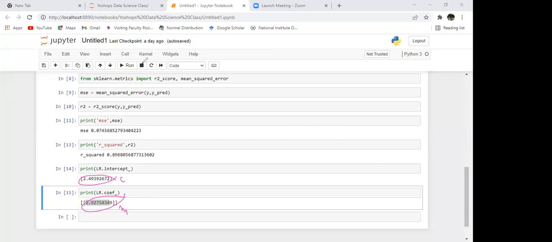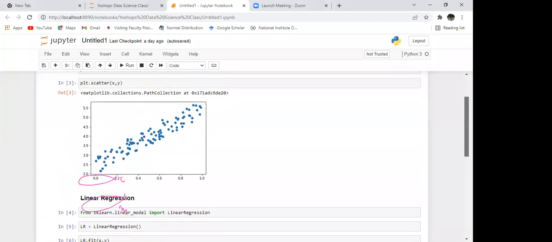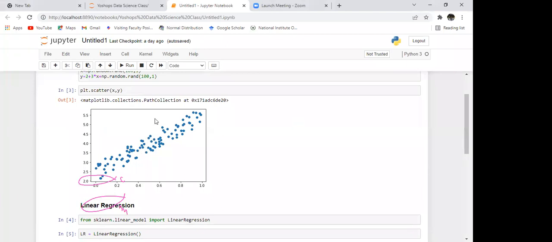For whatever data you have here, after model fit, you have obtained a certain line of best fit for which you have got some intercept value and some coefficient value returned by your algorithm.